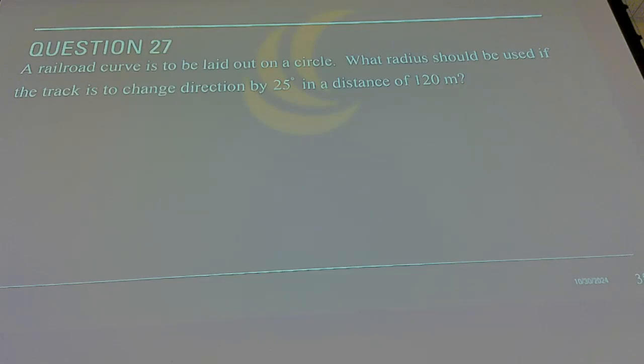A railroad curve is being laid out on a circle. What radius should be used if the track is to change direction by 25 degrees in a distance of 120 meters? That is definitely not 25 degrees.